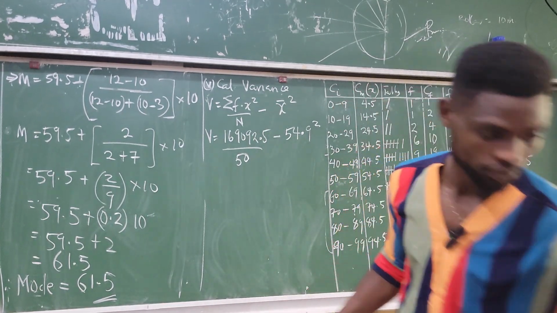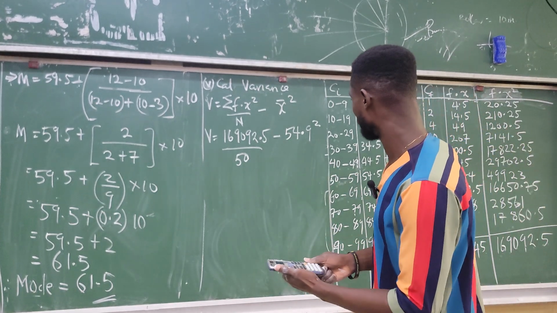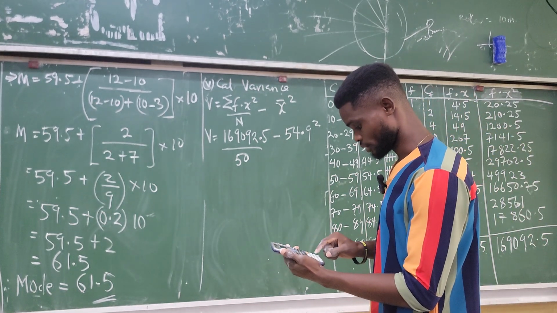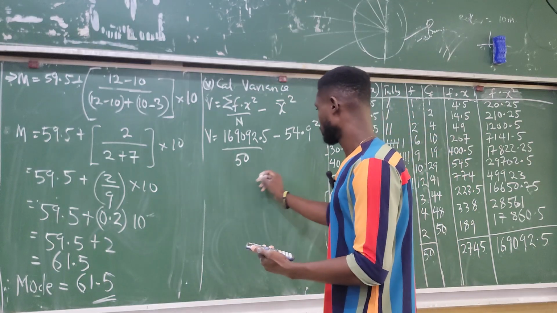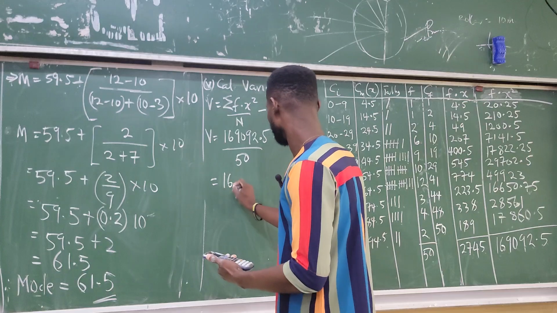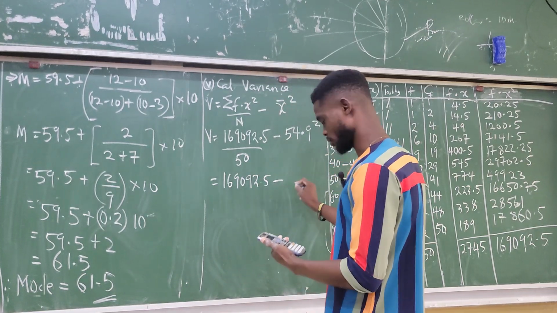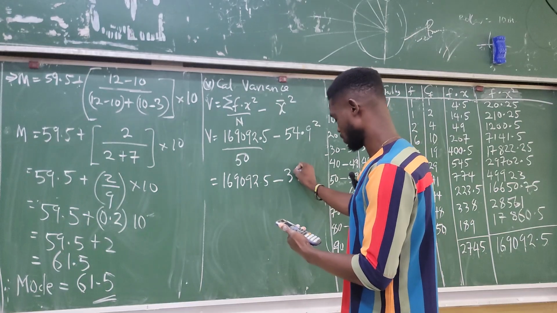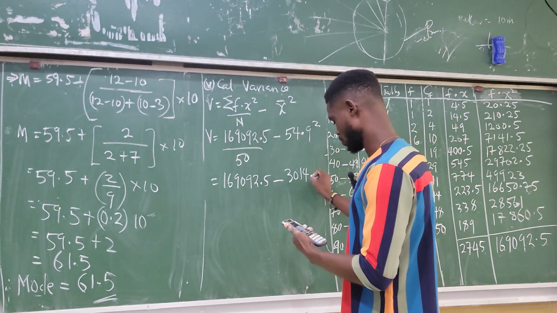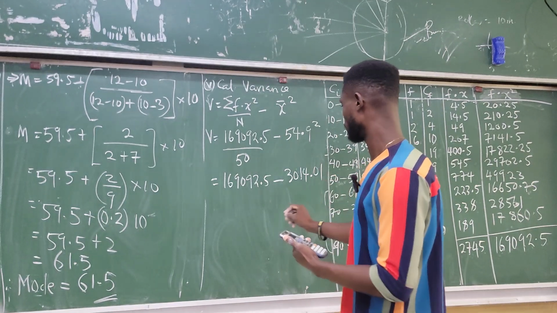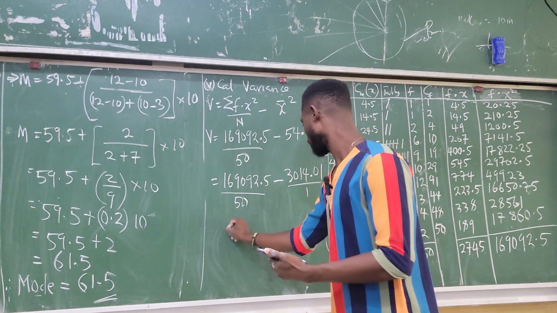So we're going to work on this. 54.9 square gives us 3014.01. So we have 169092.5 minus 3014.01, divided by 50. This is divided by 1. So you can look for the LCM.